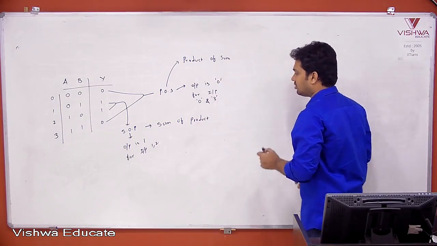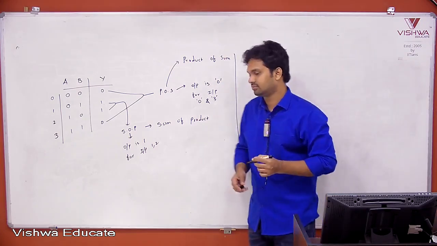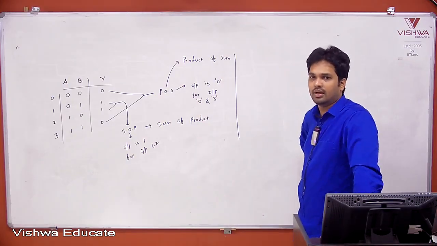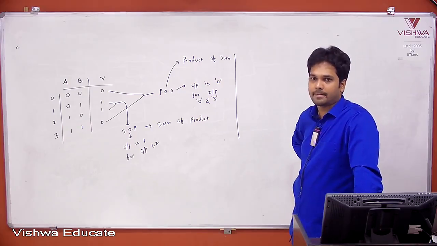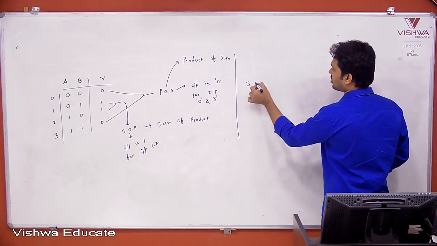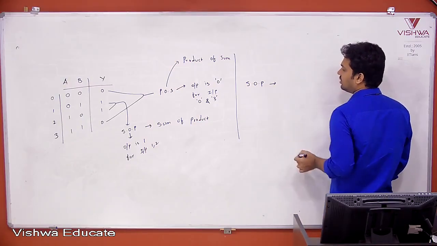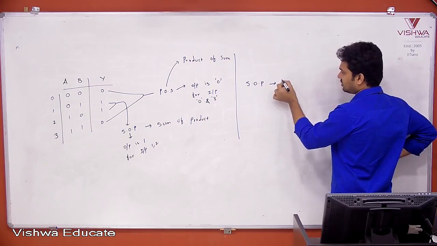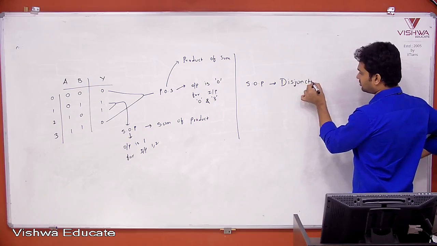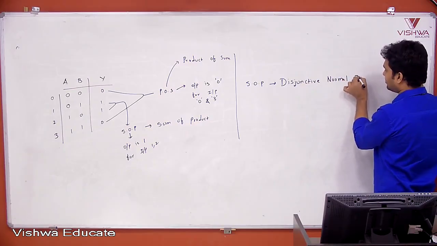Just write down: first keep the heading SOP and POS. SOP is also called, there is another name for this, disjunctive normal form. Because if the examiner asks you to do it in disjunctive normal form, you should not be confused.